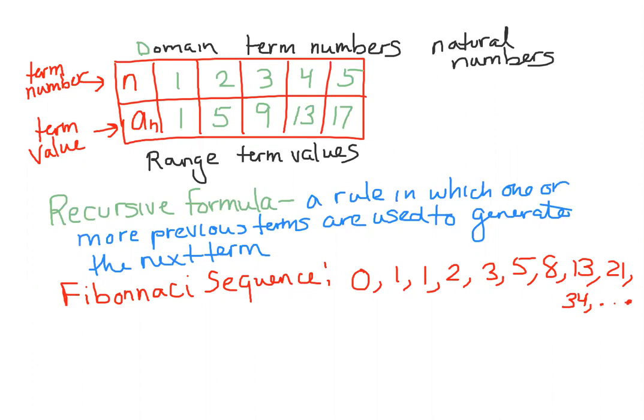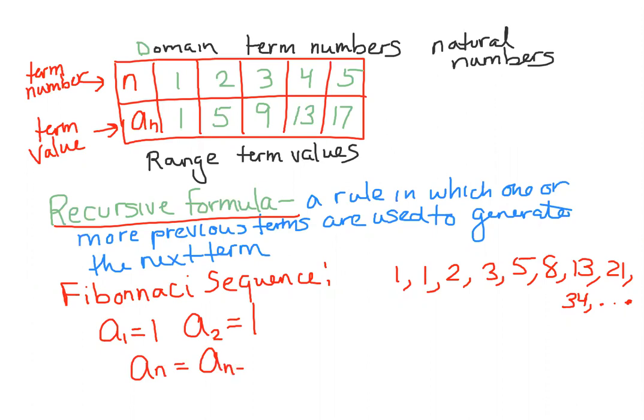So let me tell you how we are going to define this sequence with a recursive formula. We're going to first say that A1 equals 1. Actually, I'm going to erase this 0, and we're just going to start it with 1. A1 equals 1. A2 equals 1. And AN equals AN minus 1 plus AN minus 2.